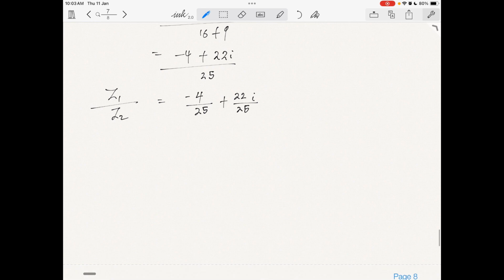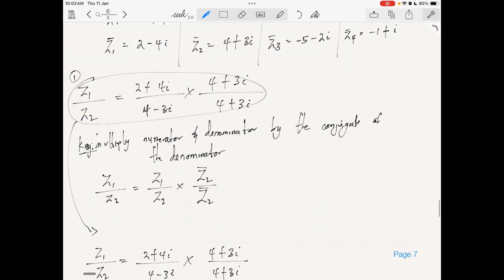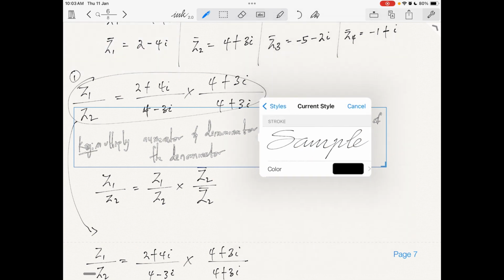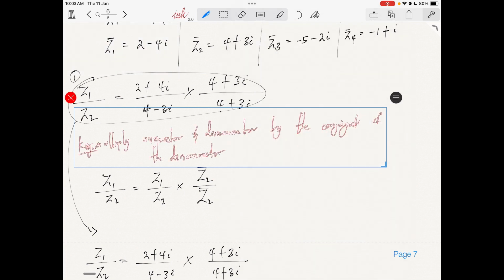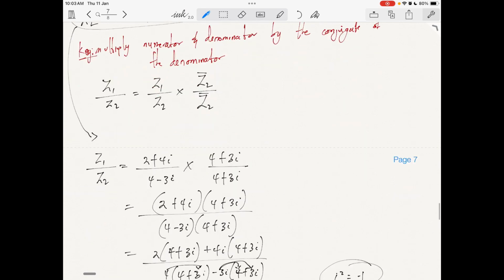Okay, let's explain further again, using z3 divided by z4. Now to solve this, remember the key: the key is to multiply the numerator and denominator by the conjugate of the denominator.